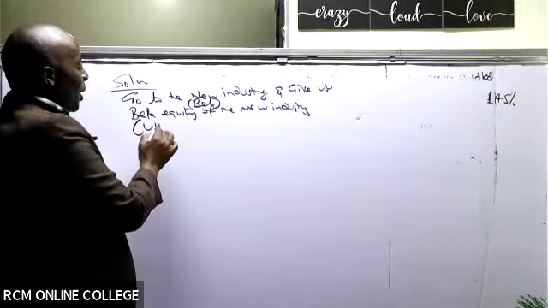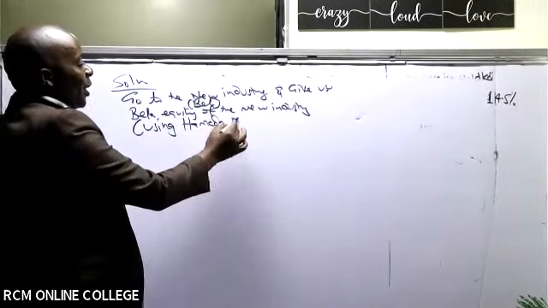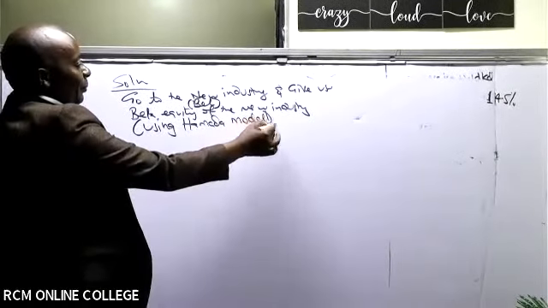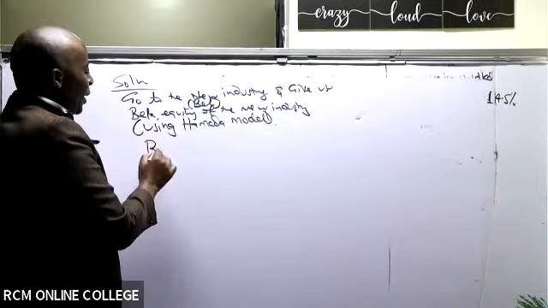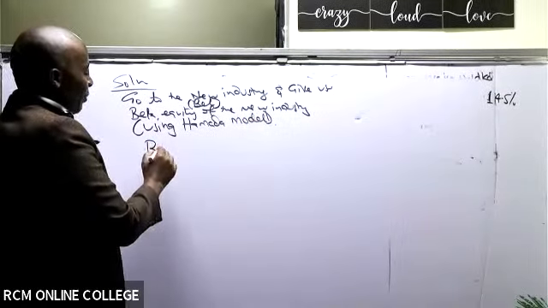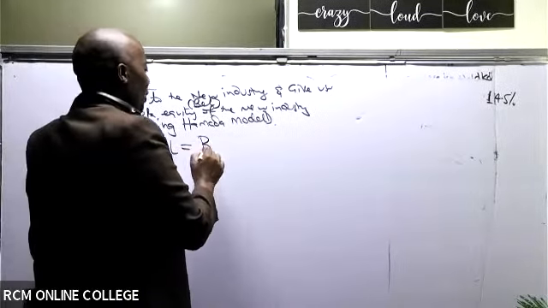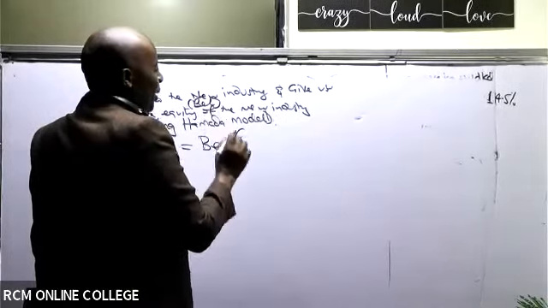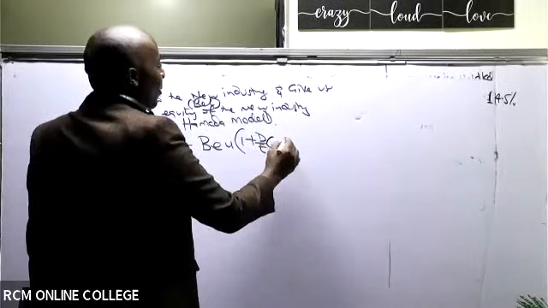And remember, we are using Hamada's model. We know, ladies and gentlemen, that beta equity of a levered firm will be equal to beta equity of unlevered firm times 1 plus D over E times 1 minus T.